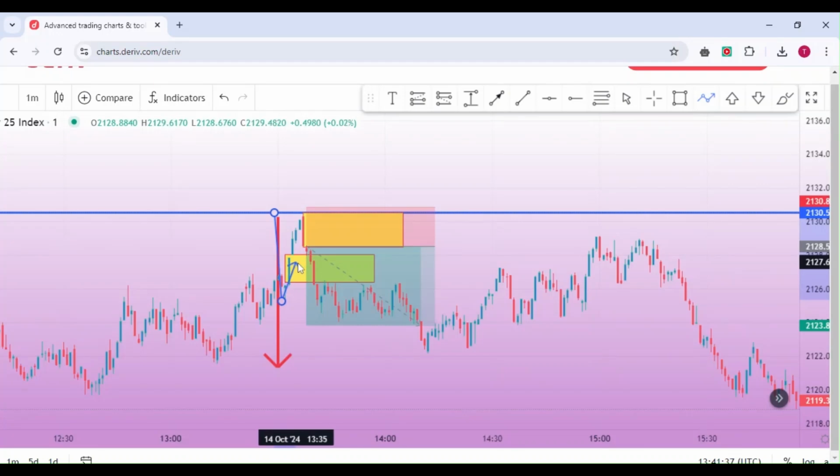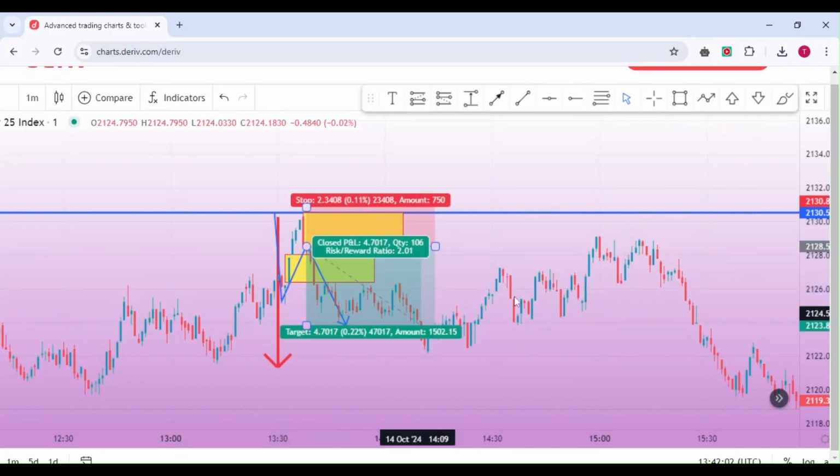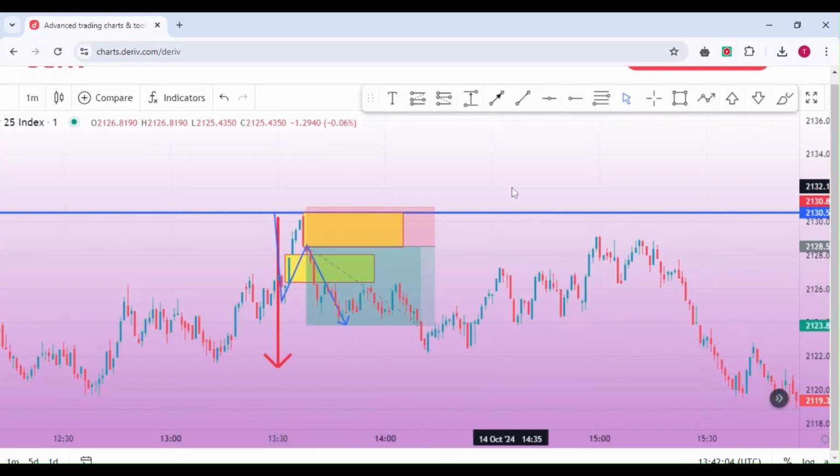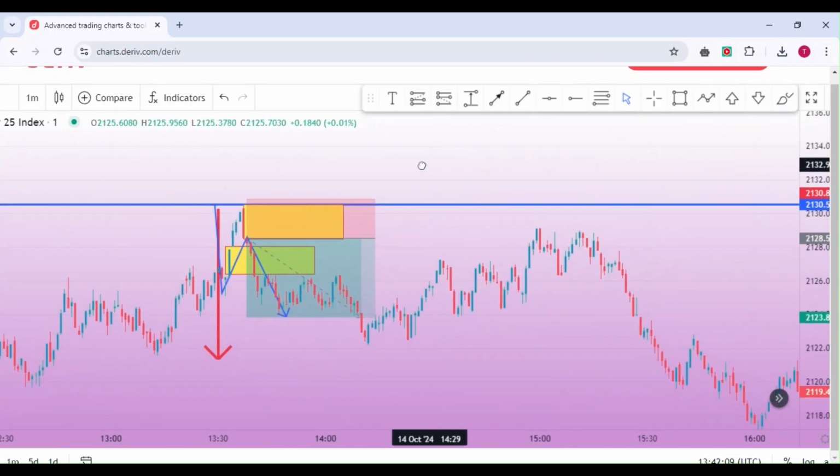You see the first time the market created a fair value gap, went up, then created an order block by creating this strong bearish candlestick and engulfing the one behind it. This now becomes the order block, and you enter the market from there, and you pick your first ratio 1:2, and you get out of the market. So that is the ICT strategy, which is usually almost 80% win.